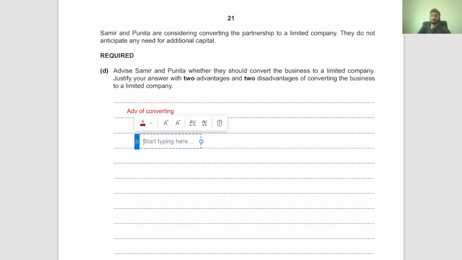There's incorporated business. You know what that means? Incorporated business means a business is legally separate from the owners. Means if one of the partners, God forbid, passes away, the business still survives because it has its own legal identity, separate from its owners.